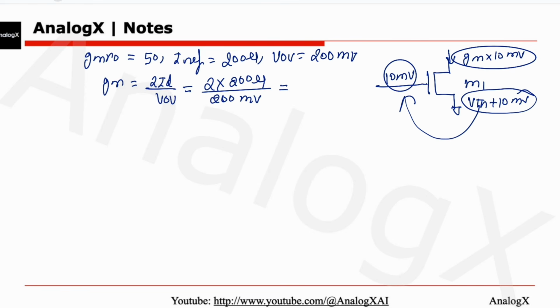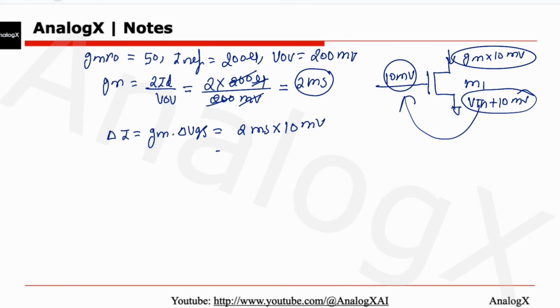The 200 cancels out, and milli to micro gives millisiemens, so that will be 2 millisiemens. Now what will be the delta I? This delta I will be Gm into delta VGS, that is 2 millisiemens into 10 millivolt.